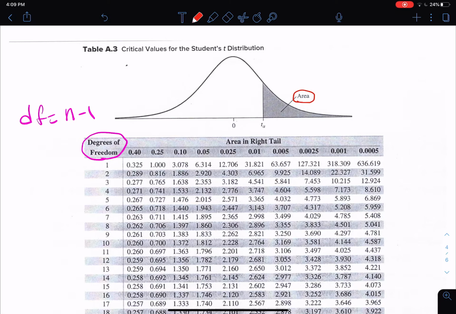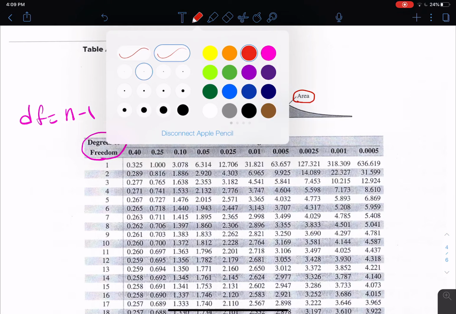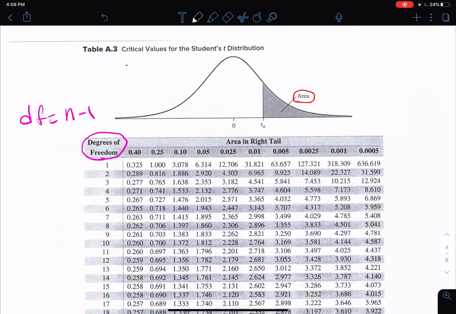So for instance, if we were trying to find, and now this picture is not drawn to scale, but since I don't have a lot of space, I'm going to go ahead and use this one right here. Let's say that we're trying to find, let's make the numbers nice, a 90% confidence interval. And by the way, this notation should say half of alpha. But anyways, if you want a 90% confidence interval, what is 1 minus 0.90?